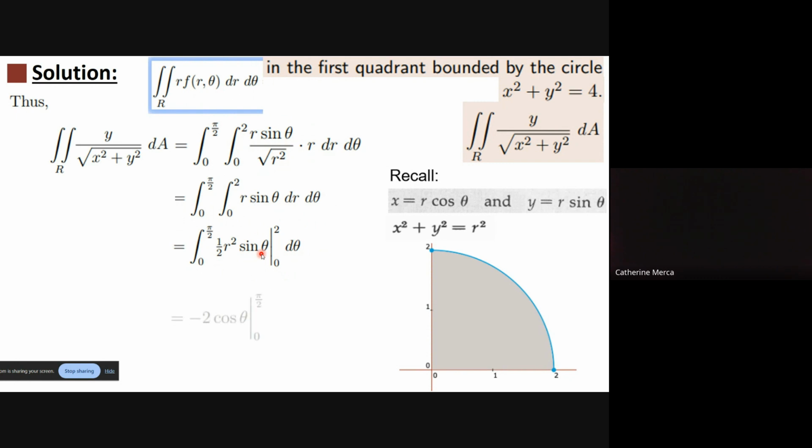So you should have negative 2 cosine theta from 0 to pi over 2. And from here, again, what's the value? You can substitute: cosine of pi over 2 is 0 and cosine of 0 is 1. So negative 2 times negative 1, so the final value is positive 2.